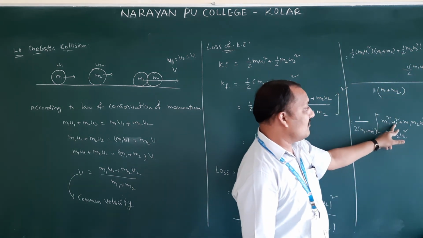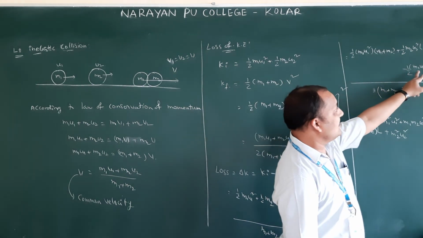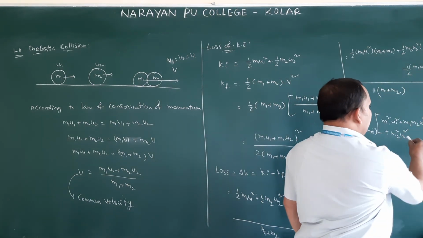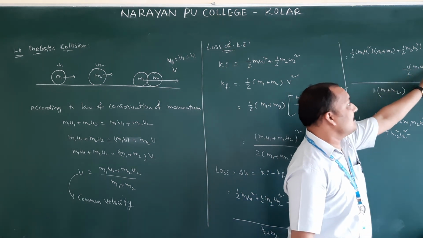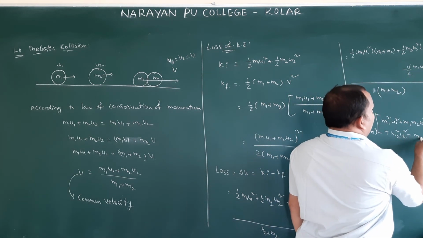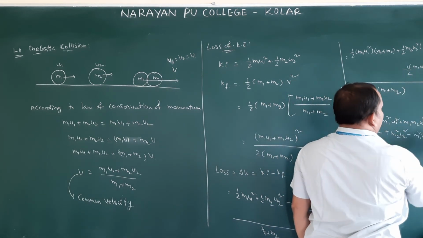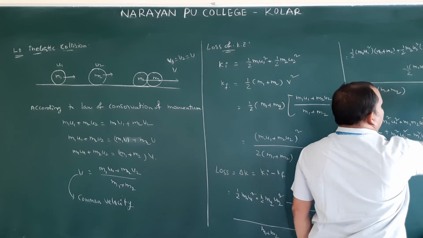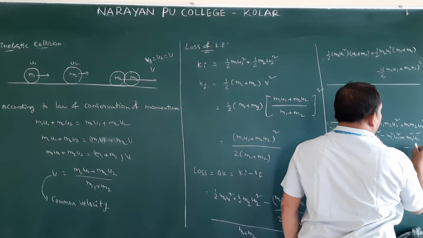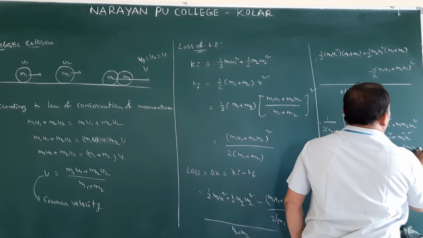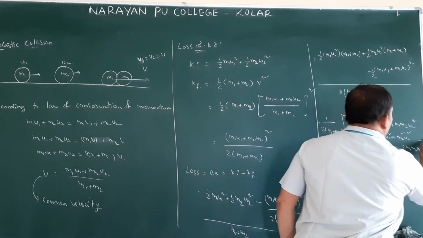Total 4 terms we got. Next, this one, (a plus b) whole square. This is minus, this half went for common. (a plus b) whole square: M1 square U1 square, minus, I am expanding minus also, M2 square U2 square, minus 2 M1 M2 U1 U2.